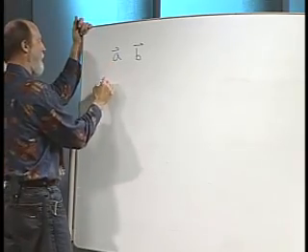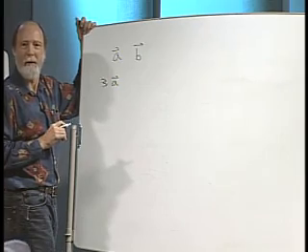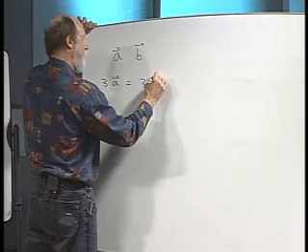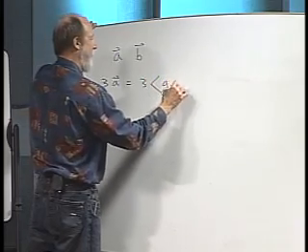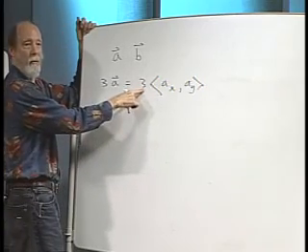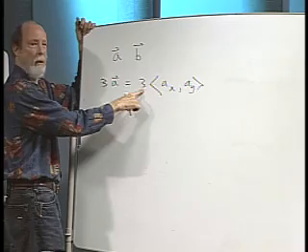If you took 3 times vector A, think about the graphics I just did with you. You could break this vector up and write it as a component, AX and AY, times this value over here, 3.